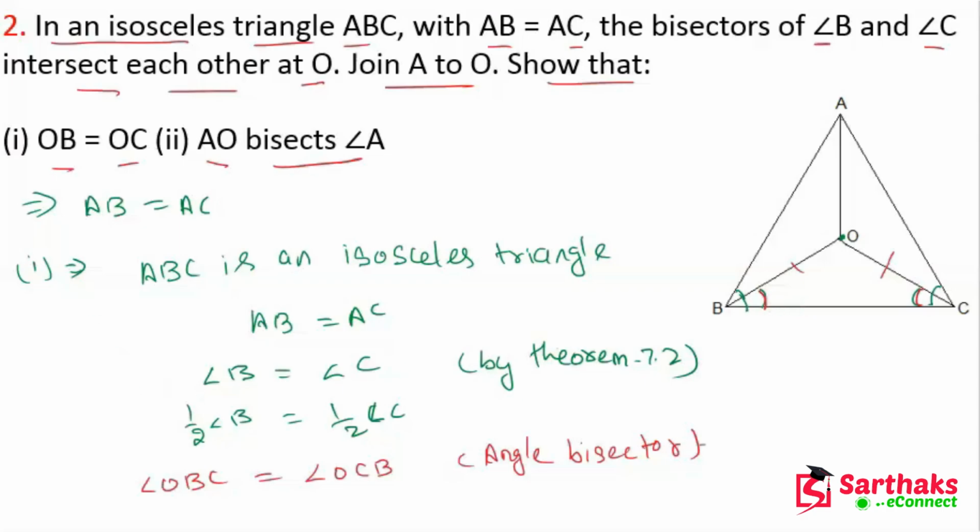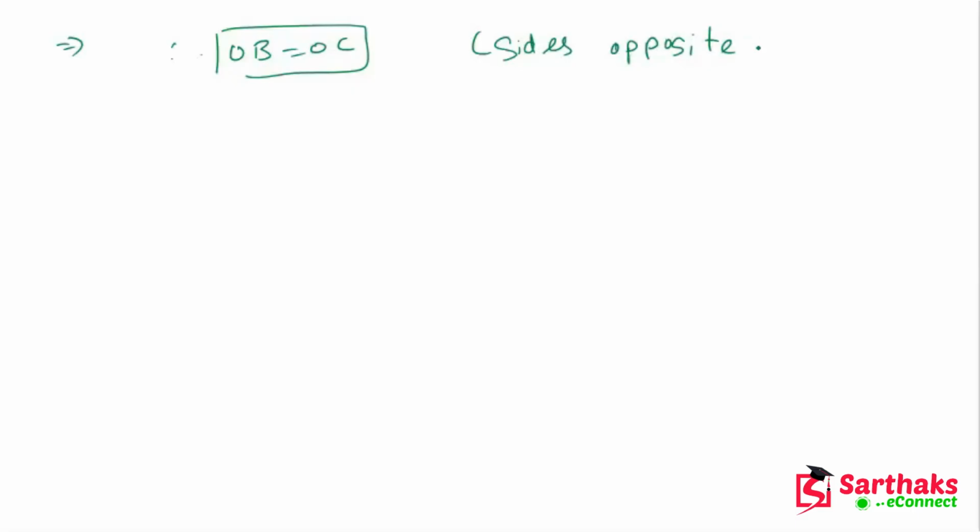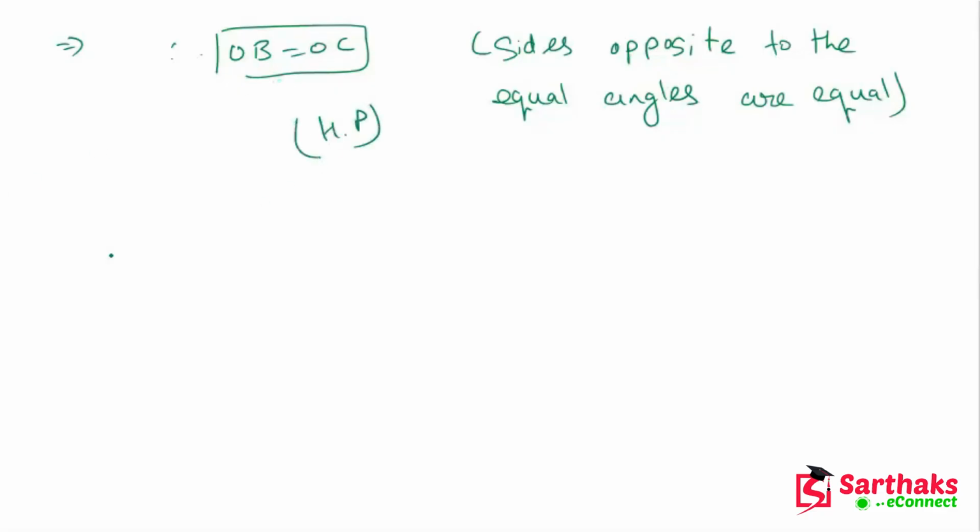So OB is equal to OC, sides opposite to the equal angles are equal. I hope you understand these things, my dear friends. So hence proved.